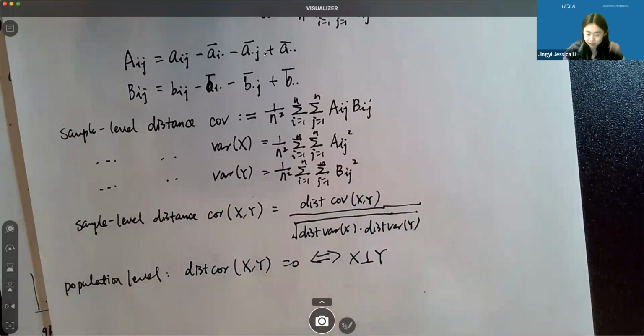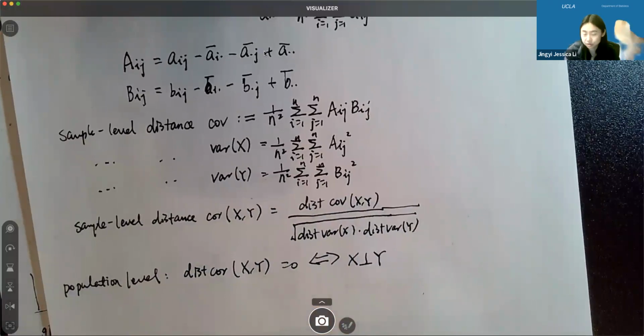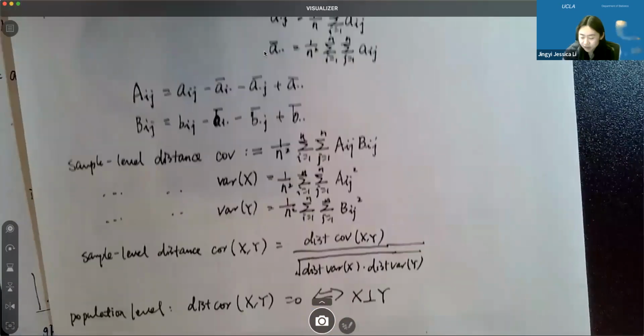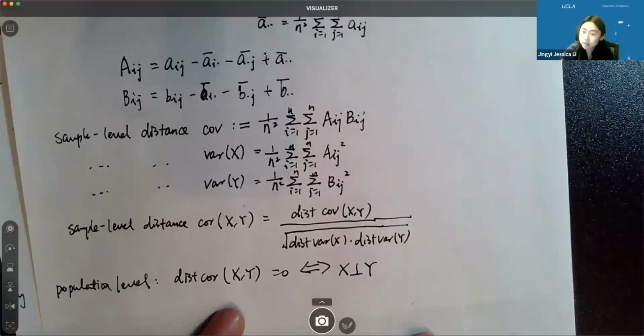So it has this nice theoretical property as the maximal correlation has. But the maximal correlation, at least the alternating conditional expectation algorithm I introduced, is restricted to scalar valued x and y. But here, this distance correlation can let x and y be in different spaces.